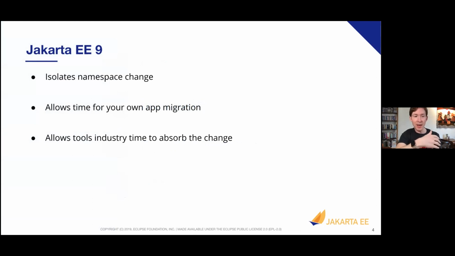And by the time a new feature hits the market, you're not waiting another year for your tools vendors to support the release while you have features that you want to use, right? We want to give them a head start. So while we're developing new features on top of the Jakarta namespace, they could be updating their products to support the Jakarta namespace, and these things can happen in parallel. That's how we're going to go faster over the industry.